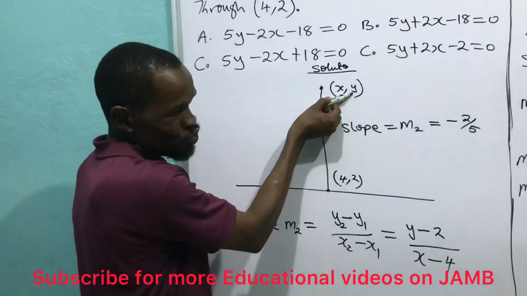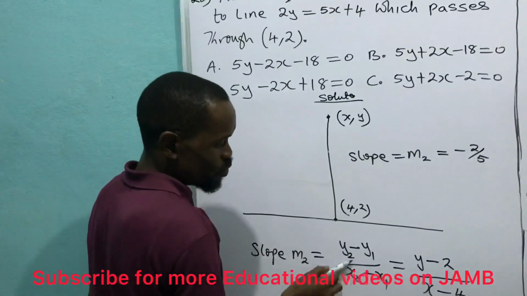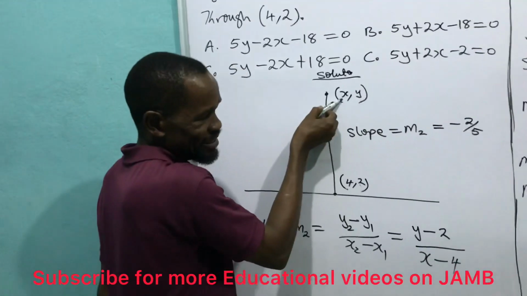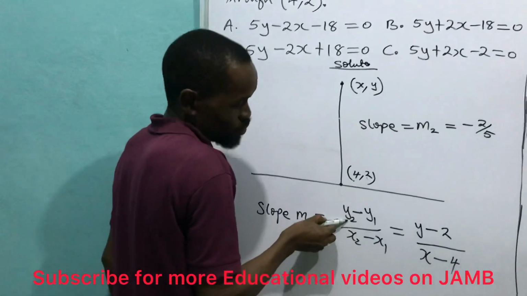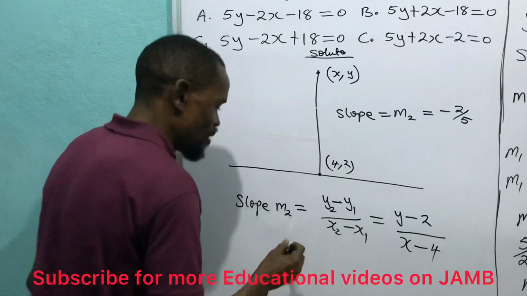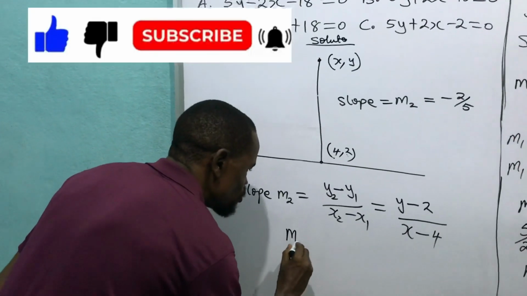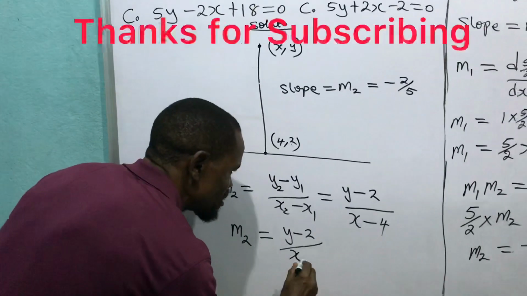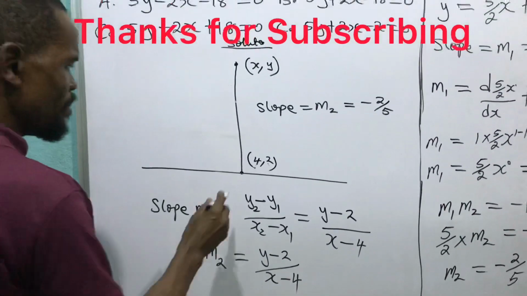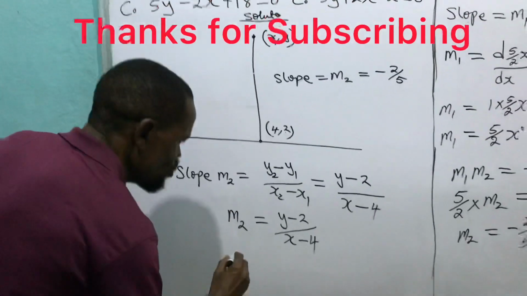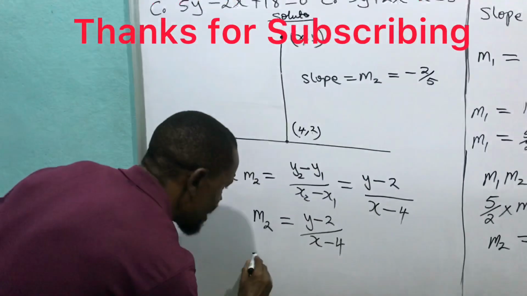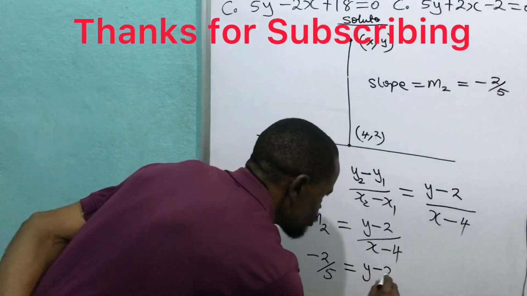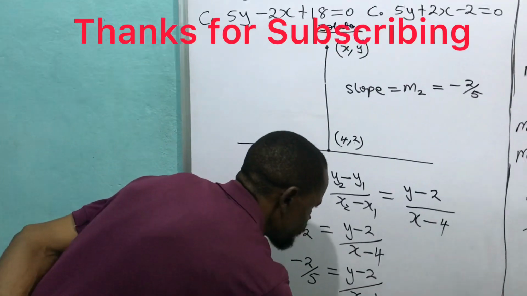I will now say that my slope m2 is equal to y minus 2 all over x minus 4. You remember that what I got as my slope is minus 2 over 5, is equal to y minus 2 all over x minus 4.